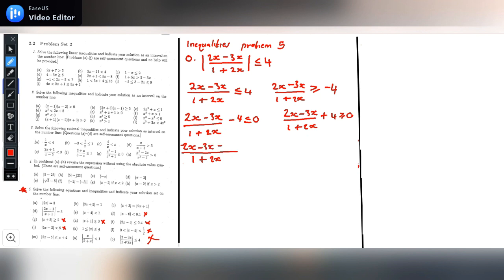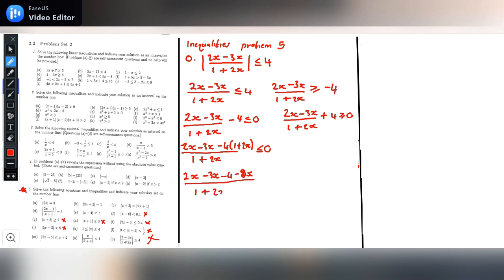So you can just try this method and see whether it will work for you. But I think it is the easiest method, this one I'm using here. Minus 4 minus 8x, right?